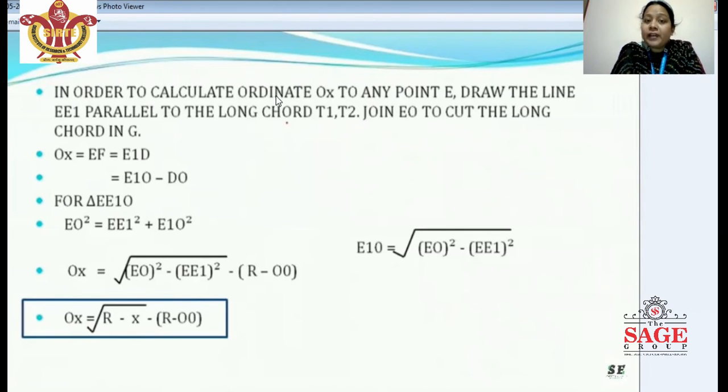In order to calculate the ordinates OX to any point E, we have to clear that any point E, draw the line EE1 parallel to the long chord T1T2, join EO to cut the long chord in G. What is the meaning of this sentence? Simple. We go through this diagram.